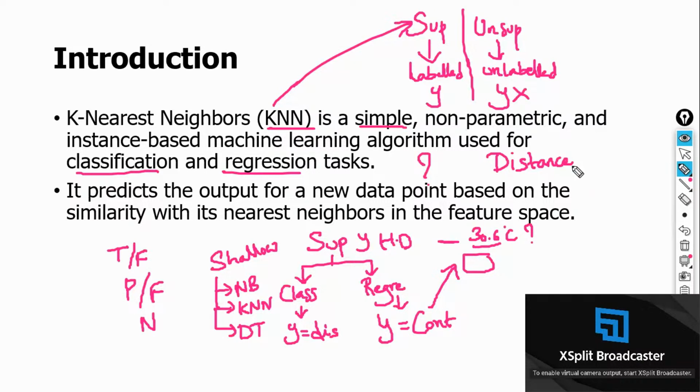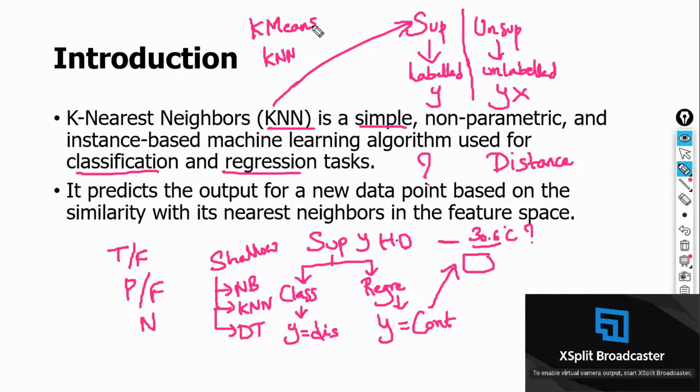How is the distance logic used, and what is this concept called nearest neighbors? What is K? Don't get confused between K means and KNN, because the majority of my students get confused between these two. K means is an unsupervised algorithm and KNN is a supervised algorithm.